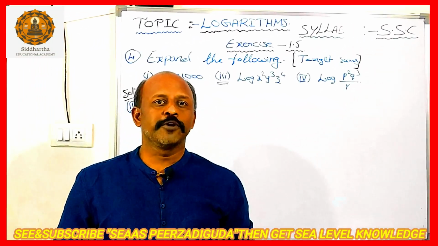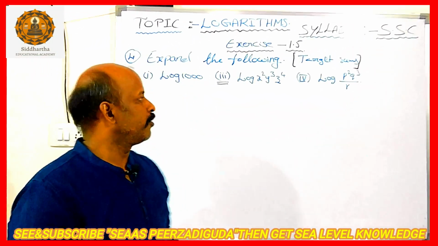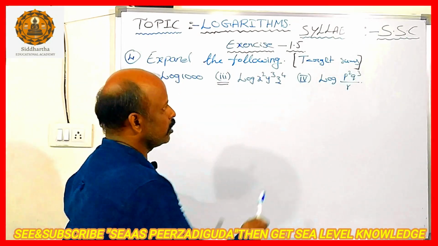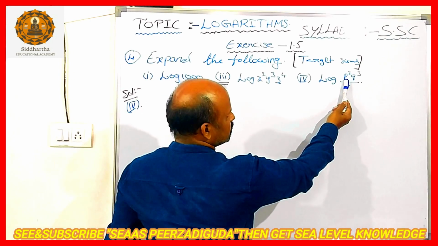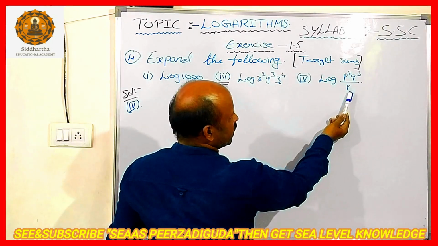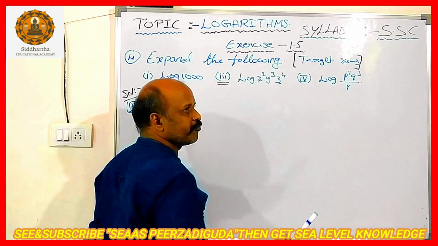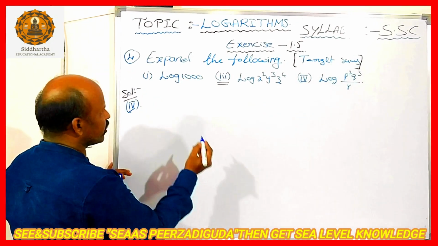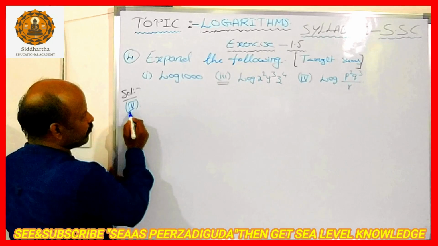Okay, now I am going to explain the fourth one. So what is the question? Log p square into q cube by r. This one, what should we do now? Expand. So all of you see over here, question number 4.